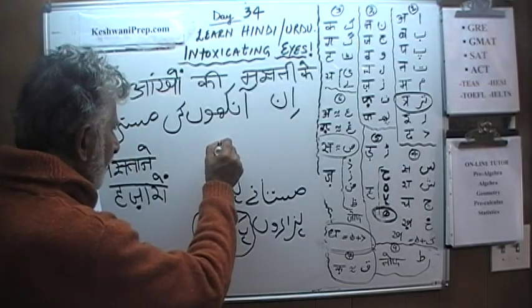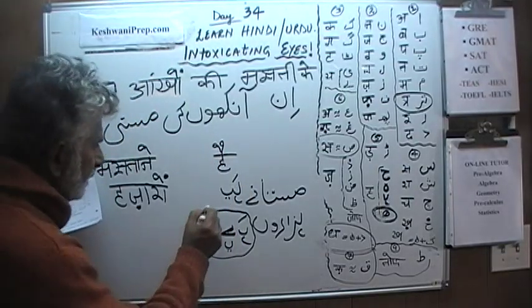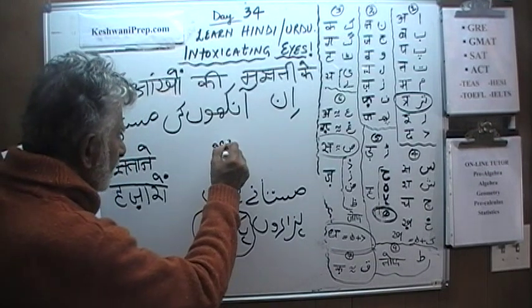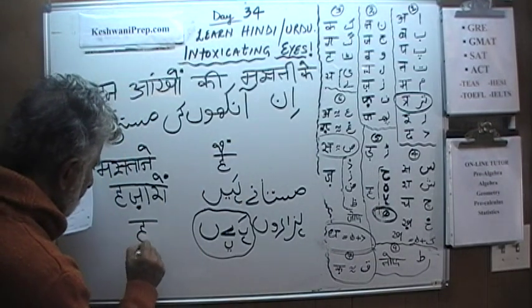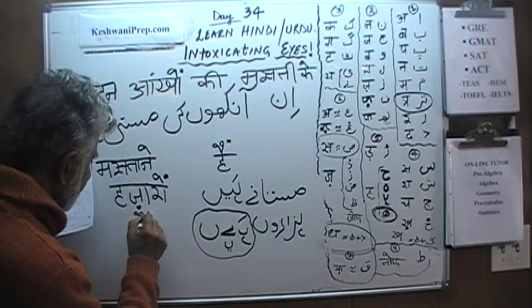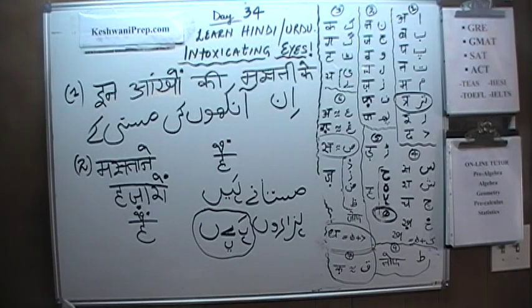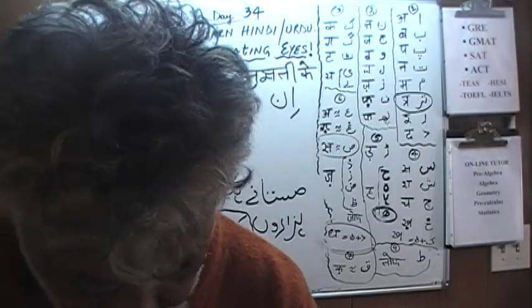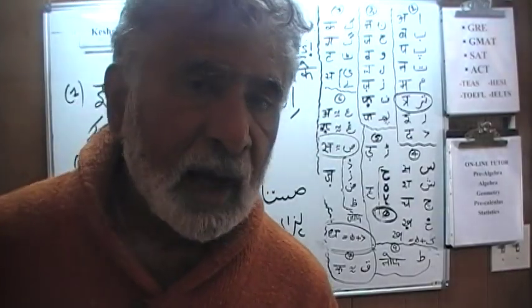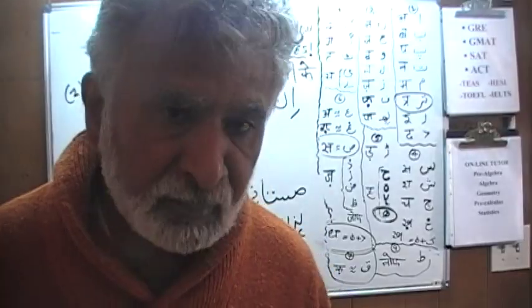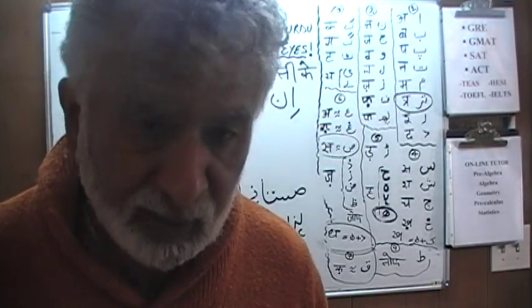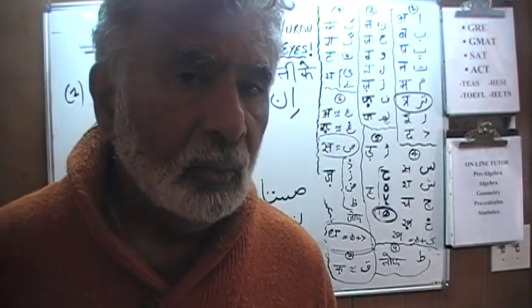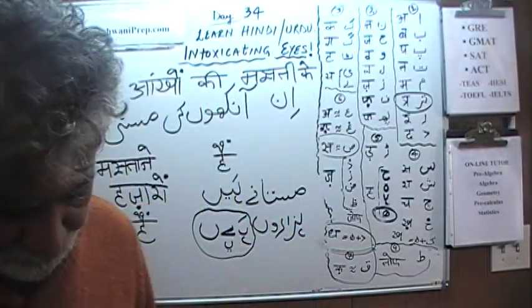We put a zabar, it becomes badi hai ki matra. And when we put a nun gunna, it becomes hain. In aankhon ki masti ke mastane hazaron hain. There are thousands of people intoxicated by these eyes.